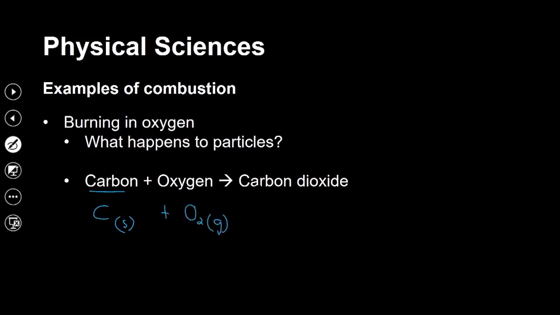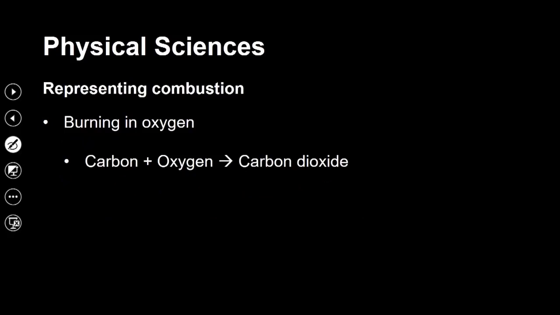In representing a chemical change, it's also important for us to indicate the phase at which a substance exists. The carbon dioxide that we get is usually a gas. There will be some residue which is left, but the carbon dioxide that is obtained, which is a new substance, is in a gaseous form. So that's how we could represent this type of chemical change.